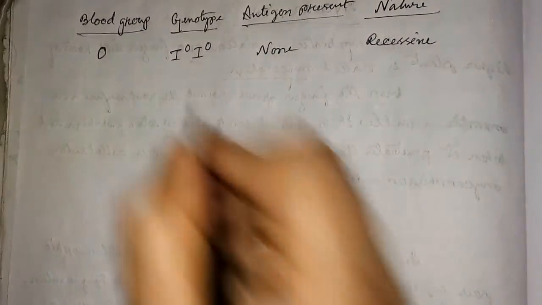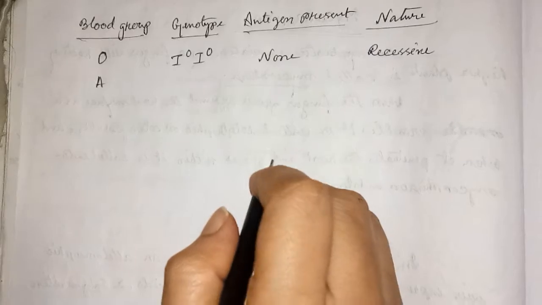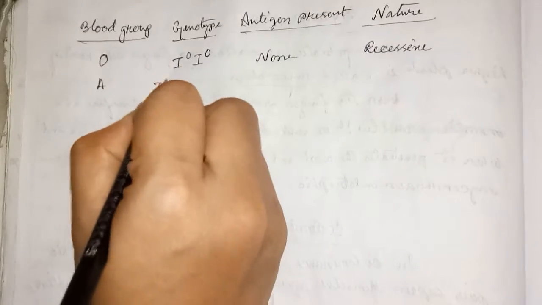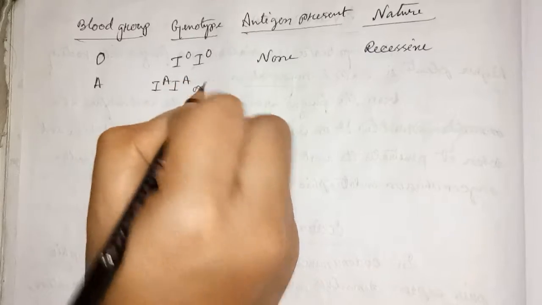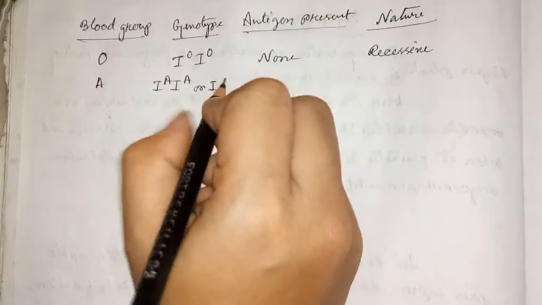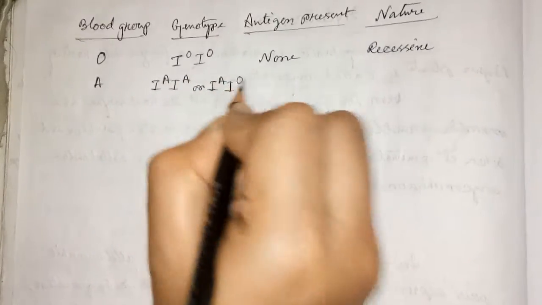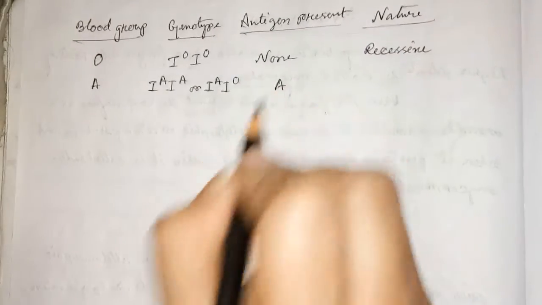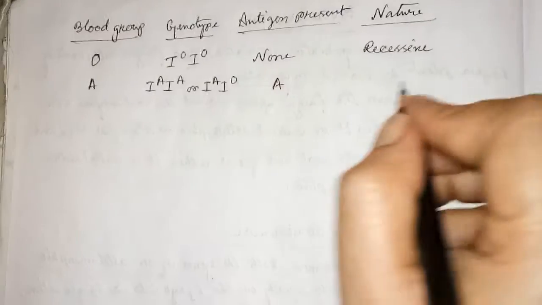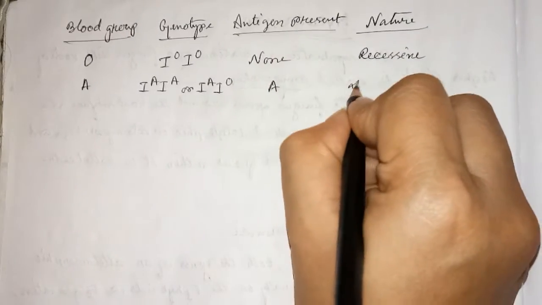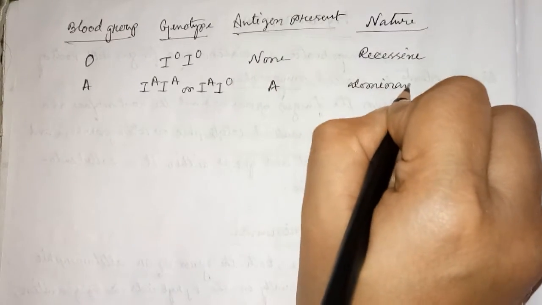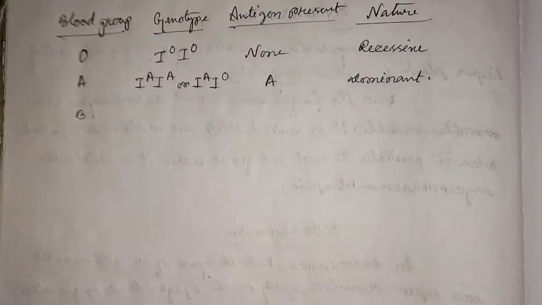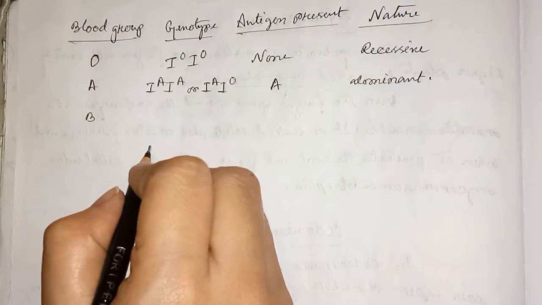Next, blood group A. Genotype is IAIA or IAIO. Antigen present, that is antigen A, and nature is dominant. Next, blood group B. Genotype IBIB or IBIO.